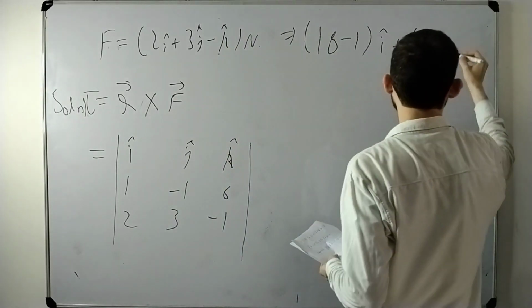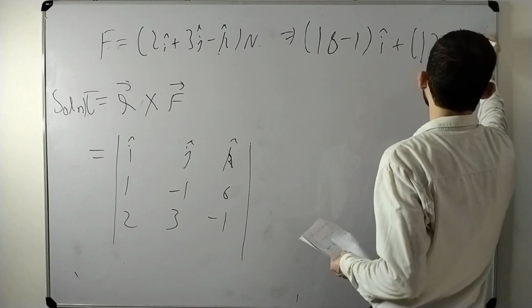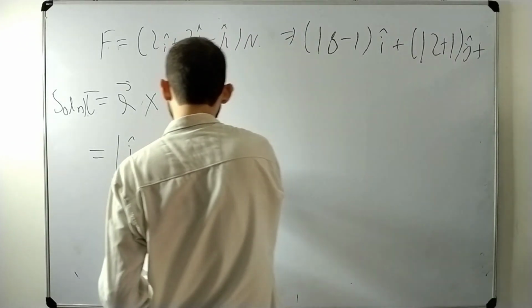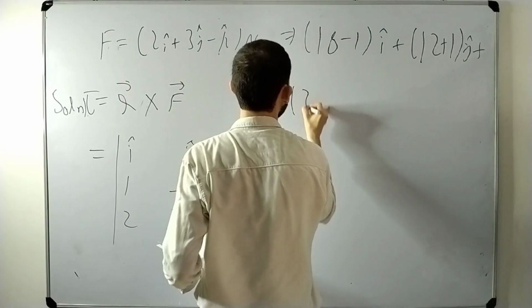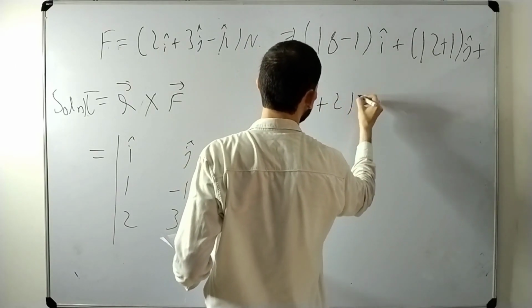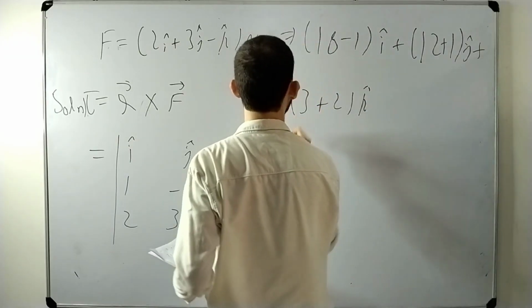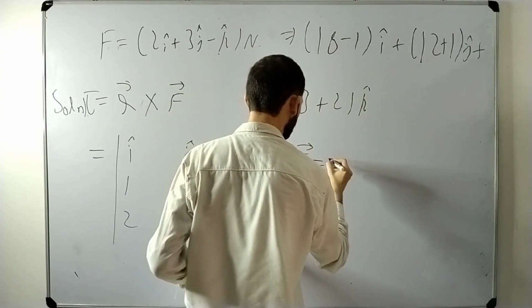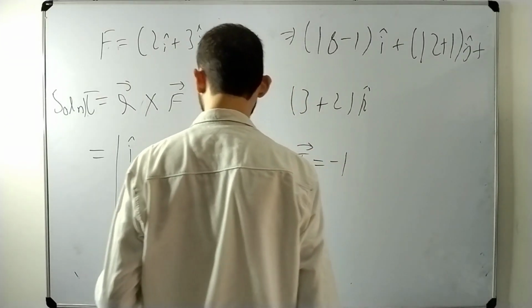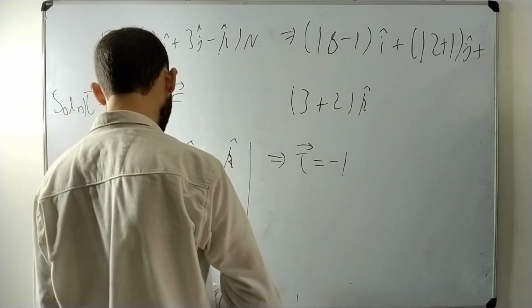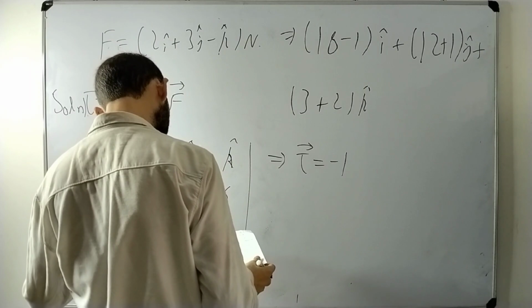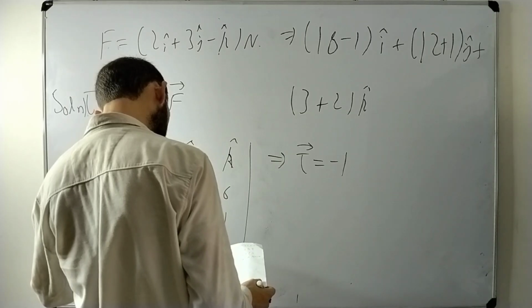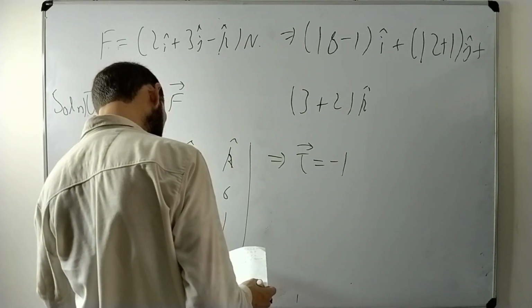Minus, no, so plus 1 j cap, and this is what, student? 3, and this is plus 2 k cap. Okay, then the answer of this force is what? Torque is minus 17. How could minus 17 be coming? Did I make a mistake somewhere?